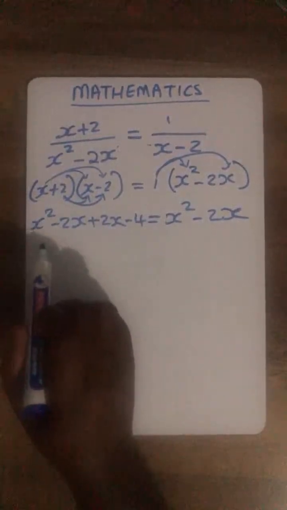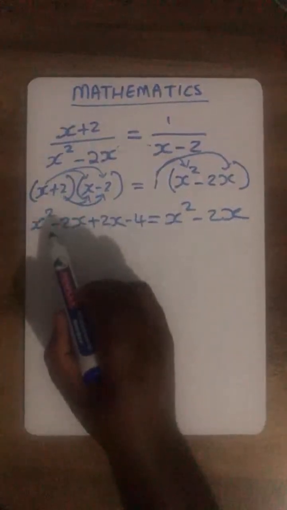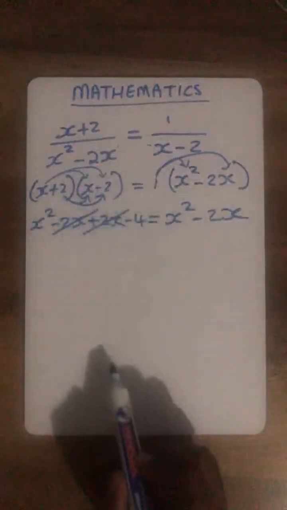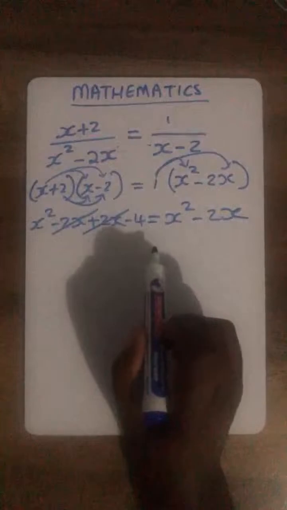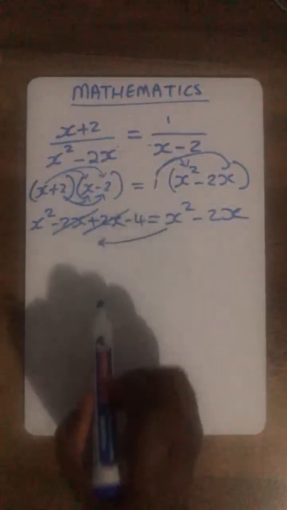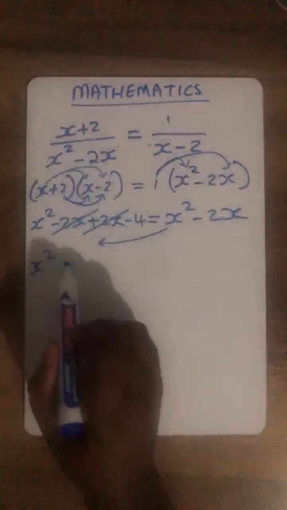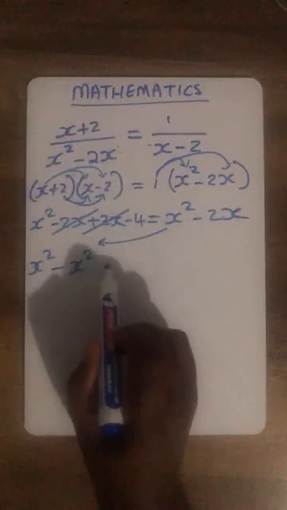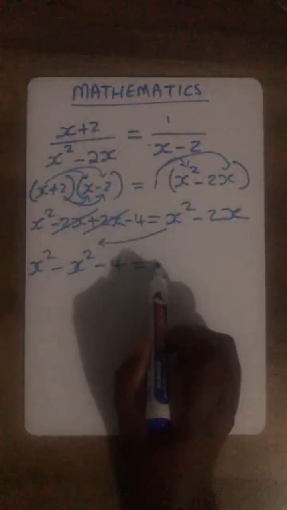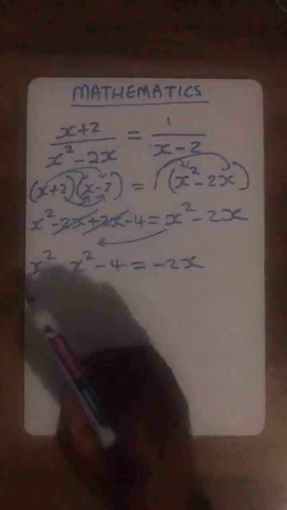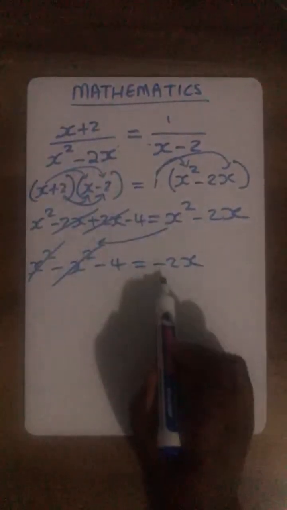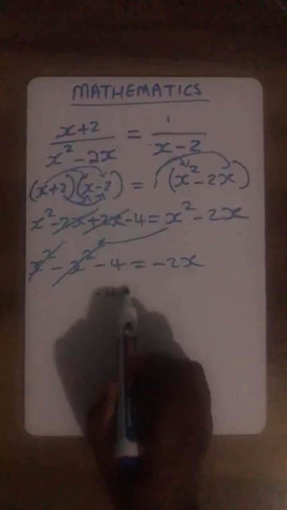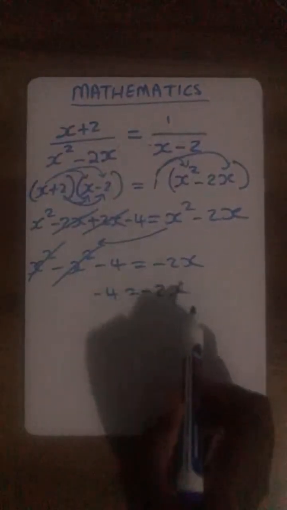It seems like this one is cancelling with that one. Then you can take this to the other side: x squared minus x squared, and then you still have minus 4 here, negative 2x, which cancels with that. Then you have negative 4, which is equal to negative 2x.